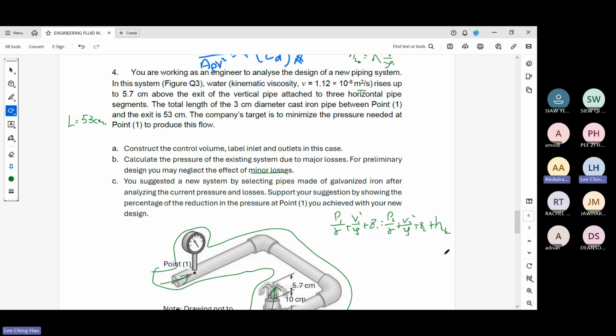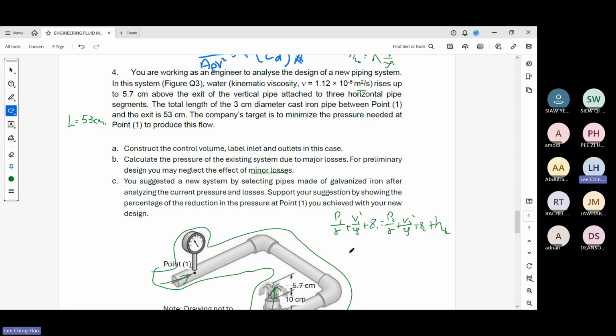Someone asks a good question: when do I know whether to use the second formula or the first one? Again, it's fine. If you use the first one, when you need to consider head loss, you just plus HL, that's it.